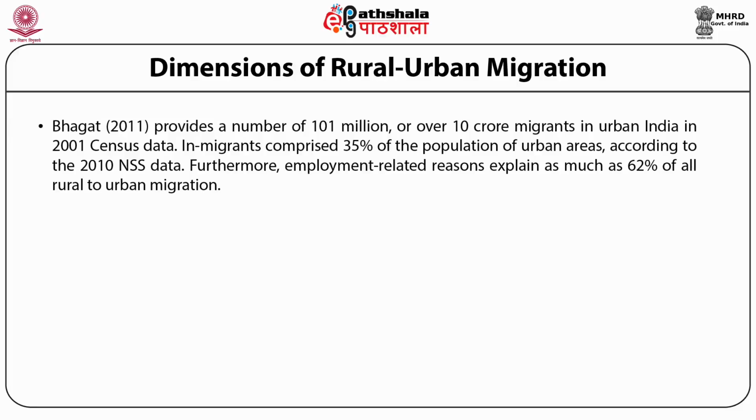Bhagat provides a number of 101 million, or over 10 crore, migrants in urban India in 2001 census data. According to the 2010 NSS data, in-migrants comprise 35% of the population of urban areas. Furthermore, employment-related reasons explain as much as 60% of all rural to urban migration.